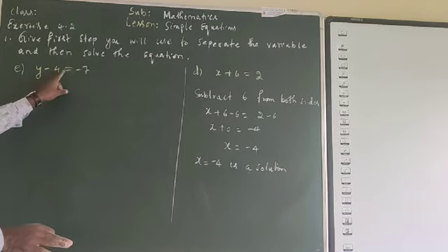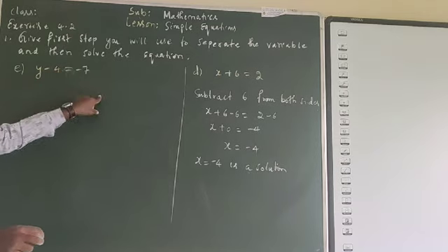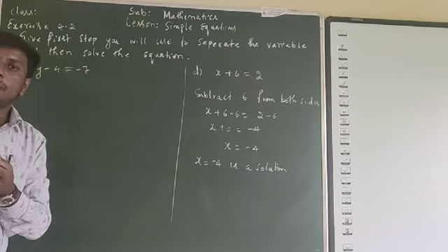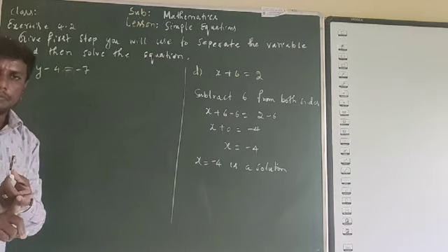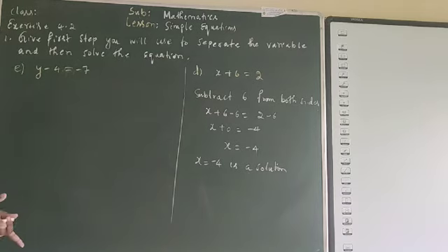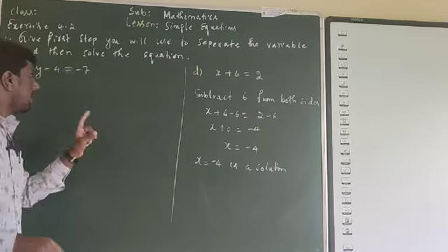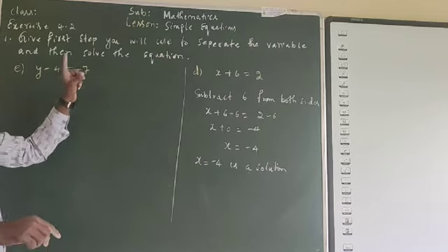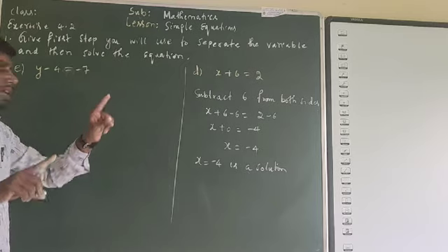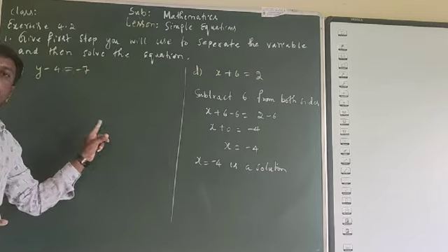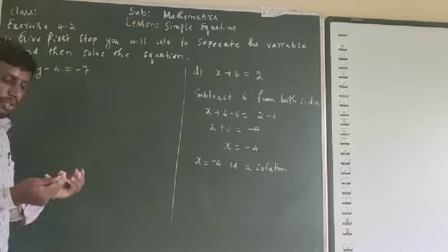If you add 4 to both sides, on the LHS the 4 will get cancelled, leaving only the variable. On the RHS you should add 4. So minus 7 plus 4. That means you should subtract, because one is plus and one is minus. If you subtract 4 from 7, the answer is 3. Between 4 and 7, 7 is the higher value. Before that I have a negative sign, so in the answer also you should have a negative sign. You have to do this.